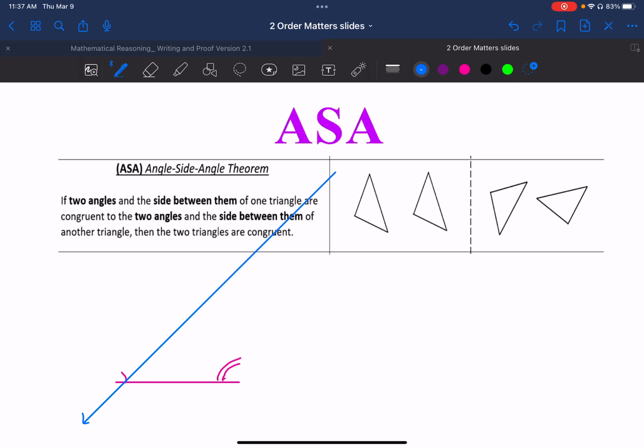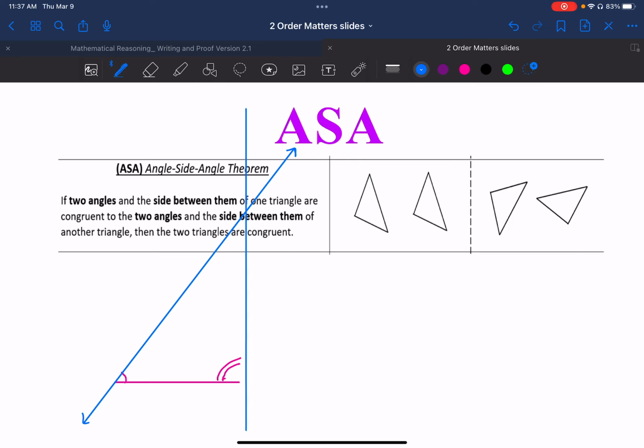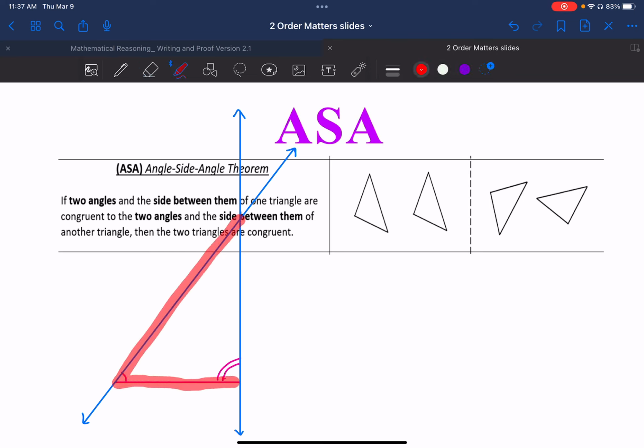Let me go really far, like that. If I do the same thing here, then we can see that once again there is only one triangle that I can make doing this.